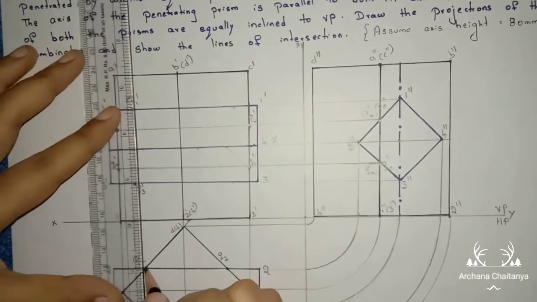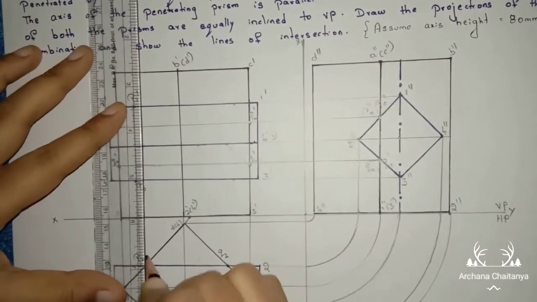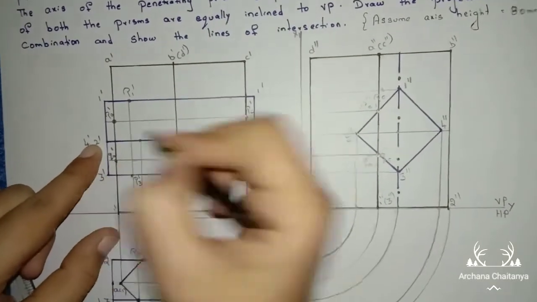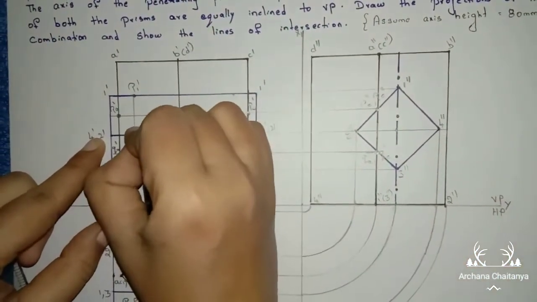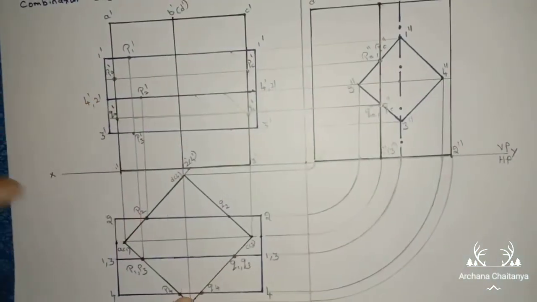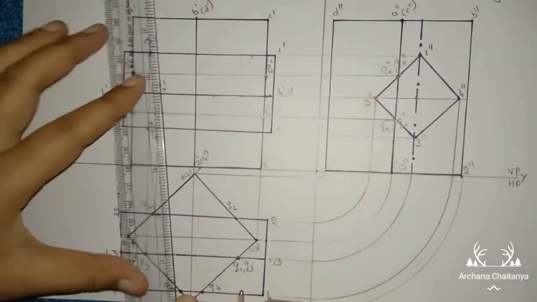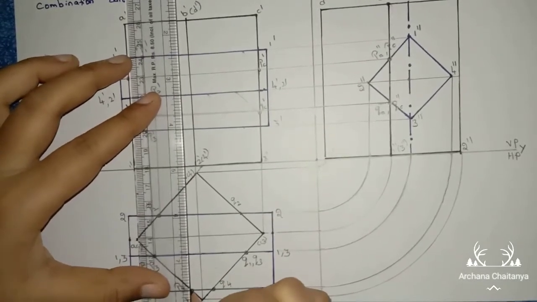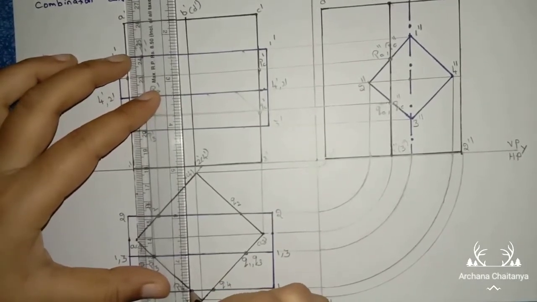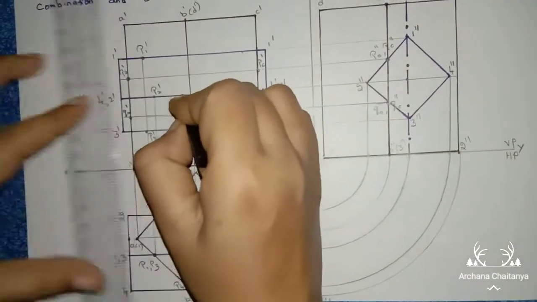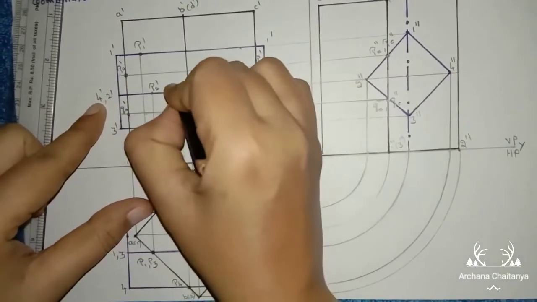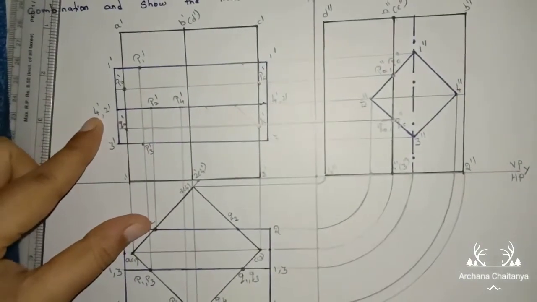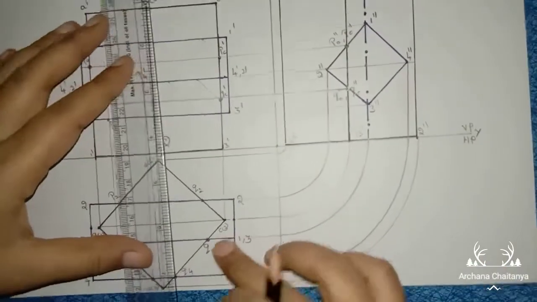Then next P2, from P2 I am drawing the projectional line to second point. I am naming this point as P2 dash. Again P4, from P4 I am drawing the projectional line till fourth point. See, fourth point I am naming this point as P4 dash.